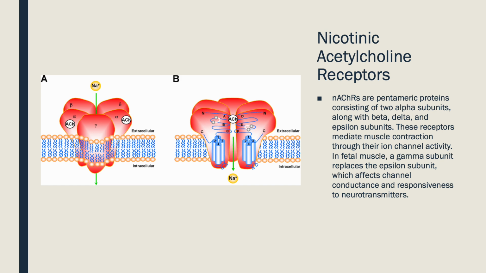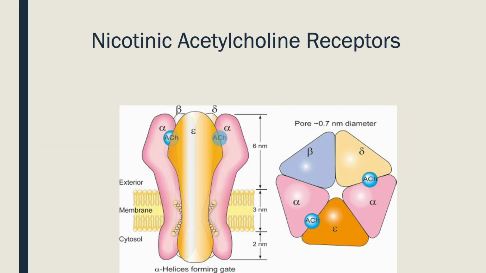So our pentameric nicotinic acetylcholine receptors have 5 subunits. The most important are going to be those 2 alpha. These are ligand-gated ion channels that allow ion flow, leading to muscle depolarization and contraction. And the fetal version has a gamma subunit, and this will affect its channel properties and the responsiveness it has to neurotransmitters.